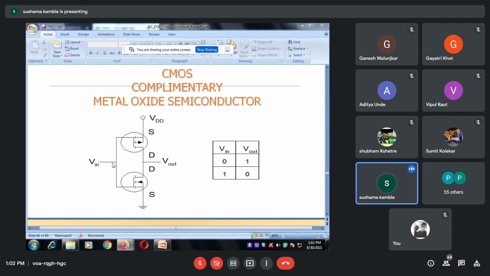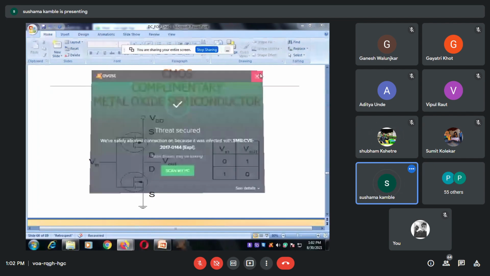Okay. And when you are applying 1 as an input, this NMOS will get on, this will get off. Off means this will be disconnected from the circuit. VDD is not going further. हमें पता है कि अगर कोई स्विच ओपन है तो वहां पे कंप्लीट नहीं होता है सर्किट. तो यहाँ पे क्या होगा, ये अभी क्लोज हो रहा है.